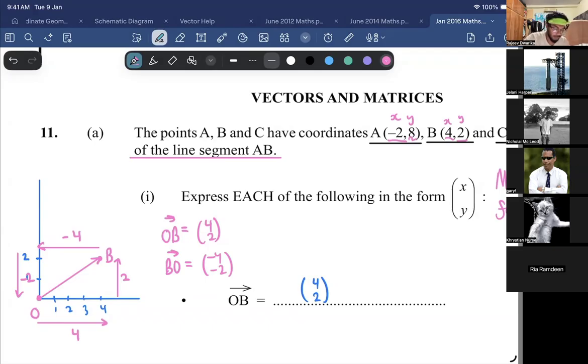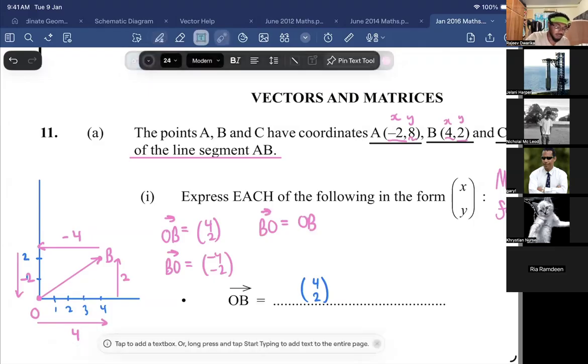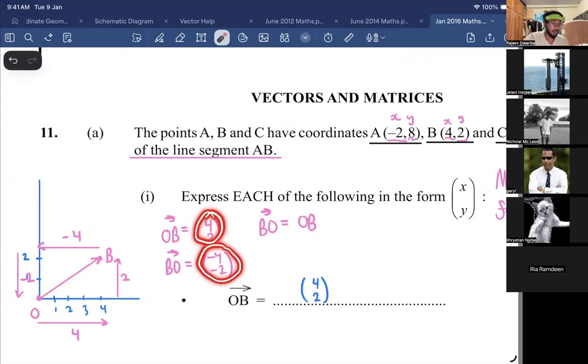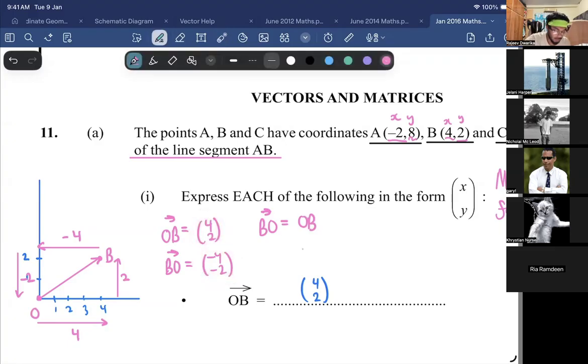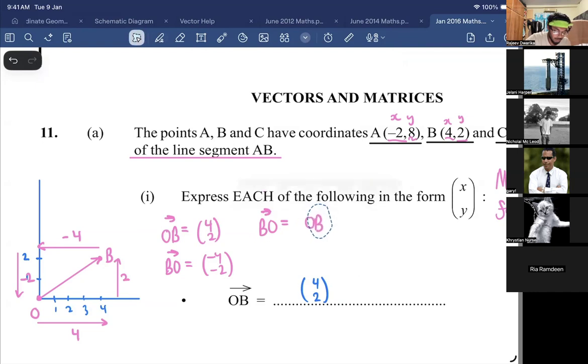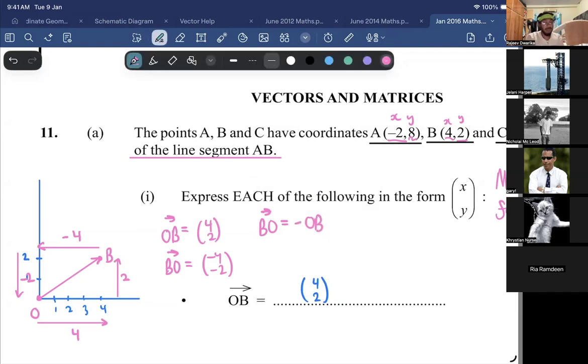You just change signs. So B to O is just OB with the signs changed. What would I need to do with OB to get -4, -2? Multiply by -1. And that is why I'm telling you that BO and -OB are the same thing.